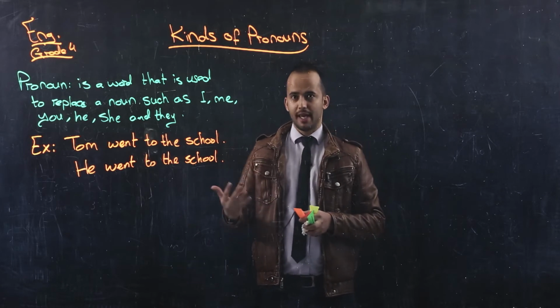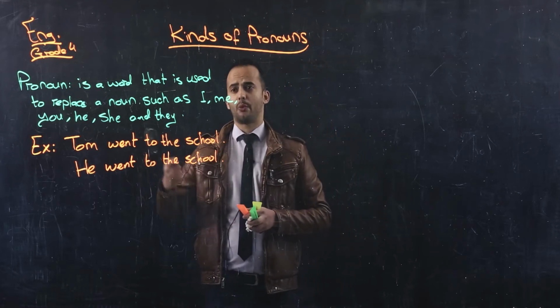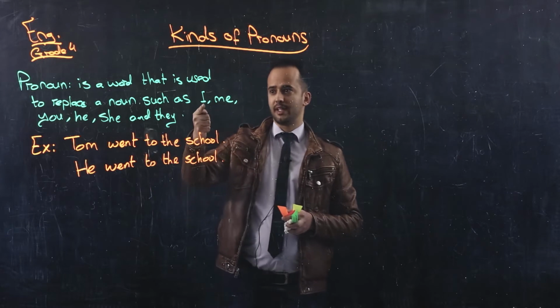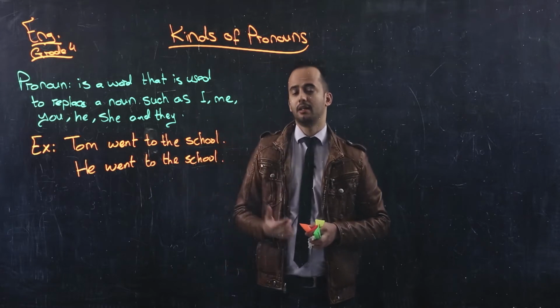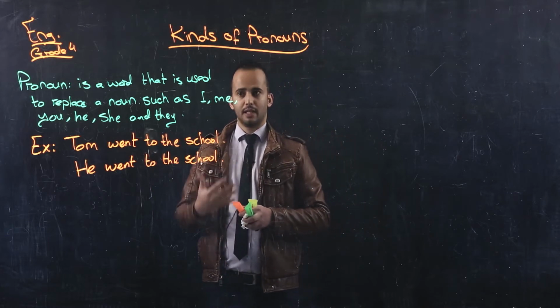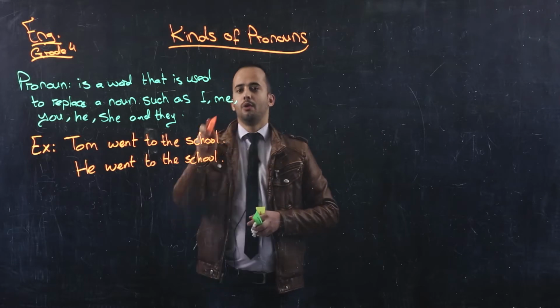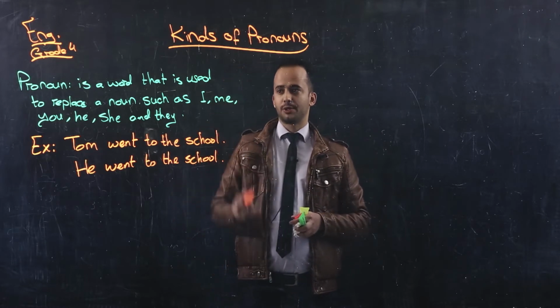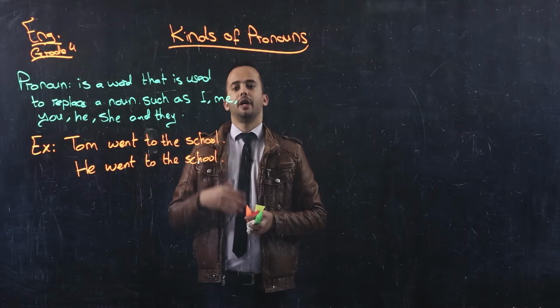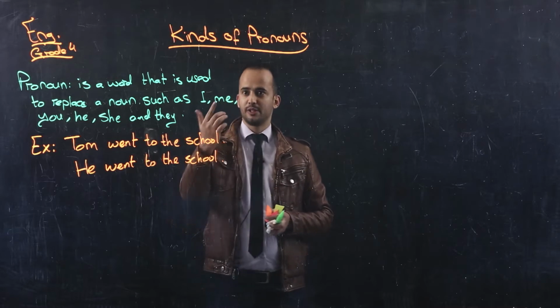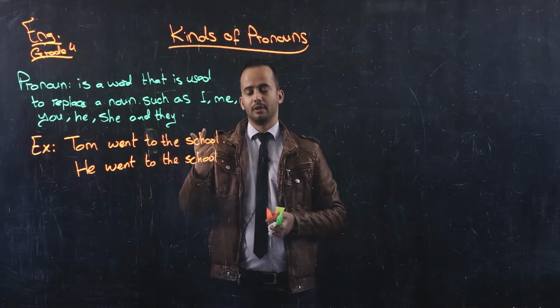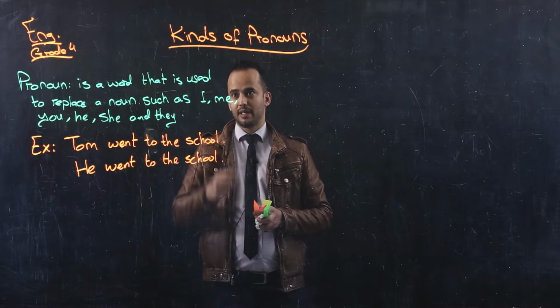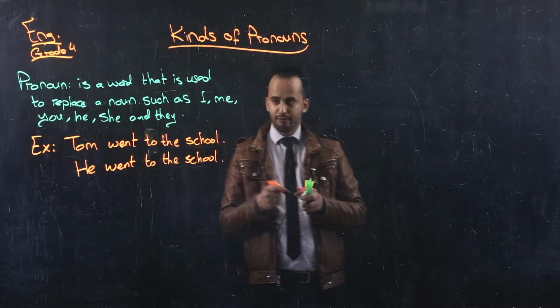So, instead of saying or just writing my name, I can just replace it with the pronoun I. I can say that I am teaching English. Okay? Now, what about me? Now, me also can be used when I talk about myself. But what is the difference between me and I here? Now, we will know this when we study the kinds of pronouns.